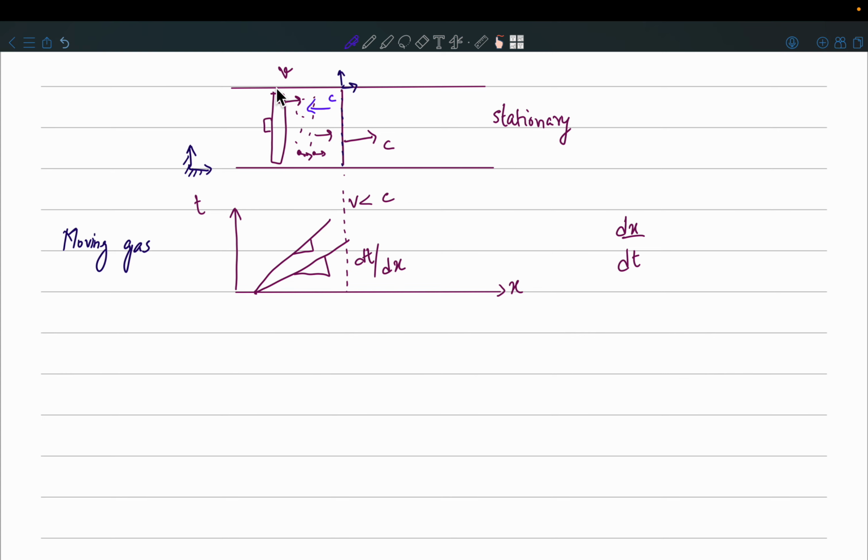So with respect to you, it is actually moving away with a speed of c minus v, right? That is what you draw on your curve now in your t versus x. That is why the slope in this graph becomes negative, because now the speed is negative, isn't it?